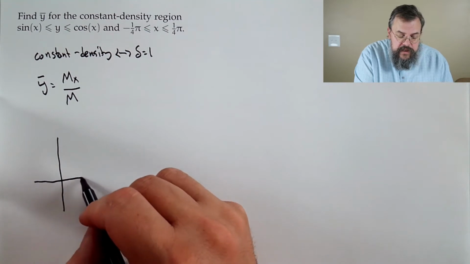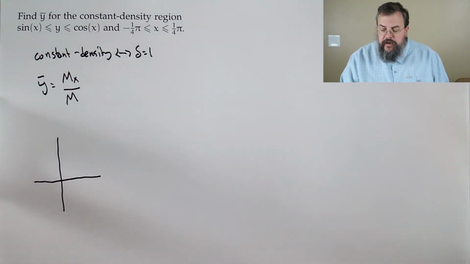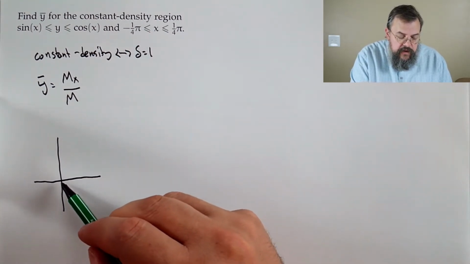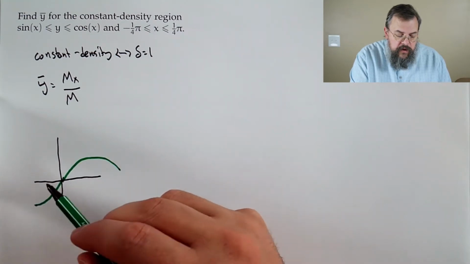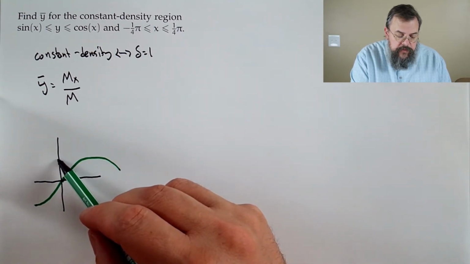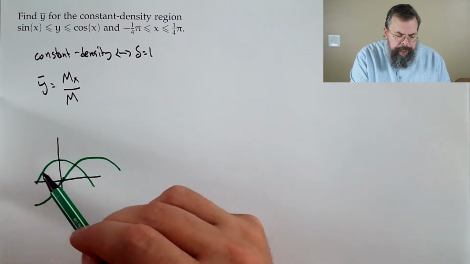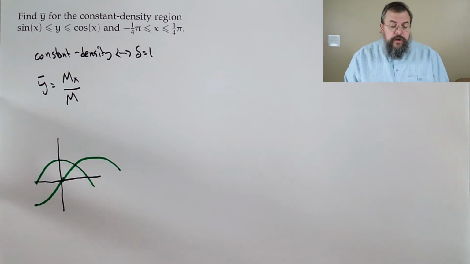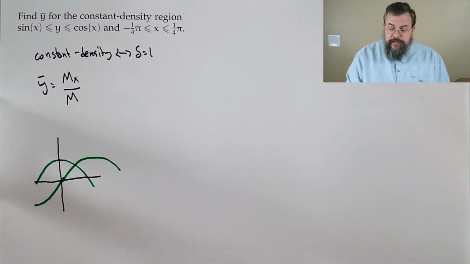If we sketch this, it's not so bad to sketch. We can sketch our two curves, and what do we see? Sine of x looks something like this, whereas cosine of x will do something more like that. Now, where are we going from? We're going from negative pi over 4 to positive pi over 4.